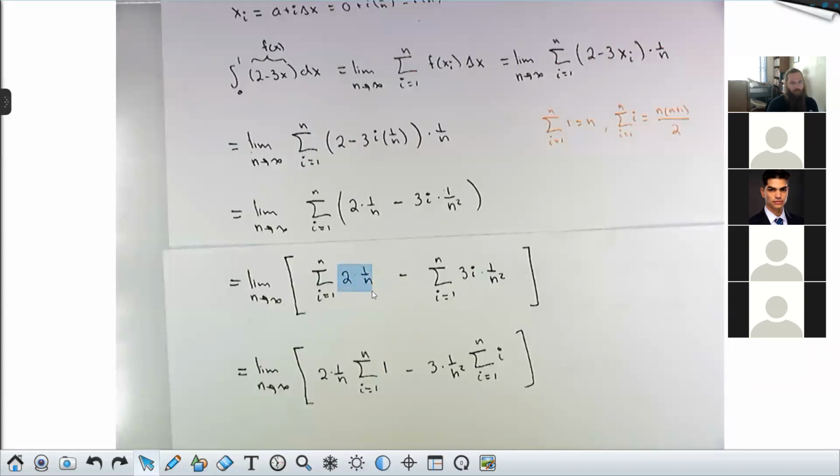When I pull out 2 times 1 over n, all that's left in here is a factor of 1. And here, the only thing I want to leave inside is the i, so I'm going to factor out the 3 and the 1 over n squared. When I factor those out, all that's left inside is the i as desired. Now, my first sum looks just like this, and my second sum looks just like this. So I can replace them with their equivalent.